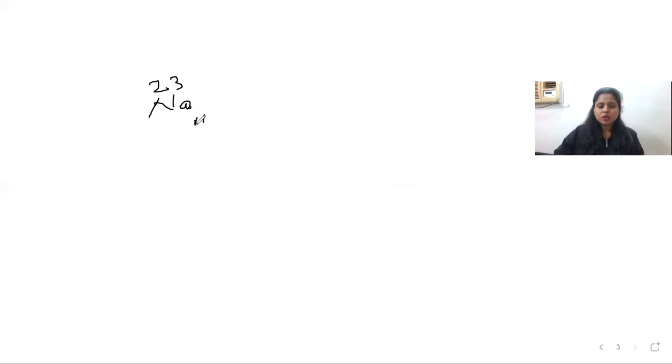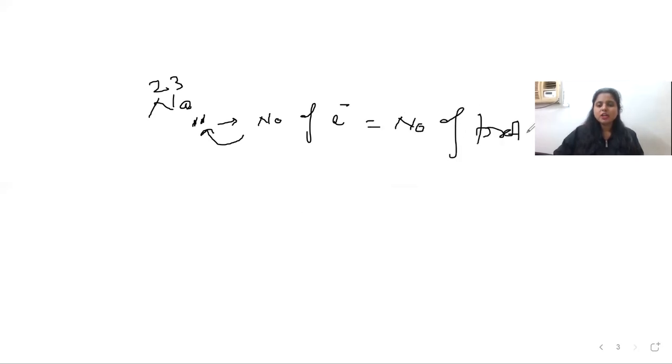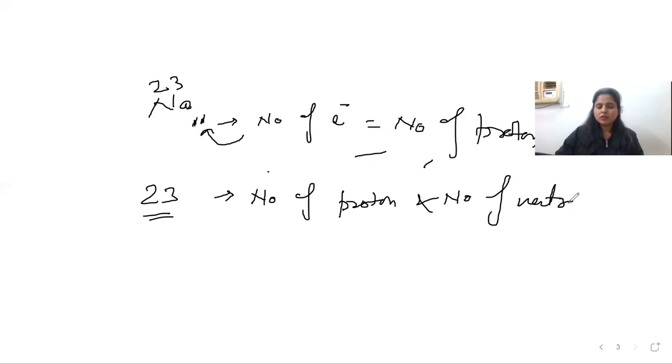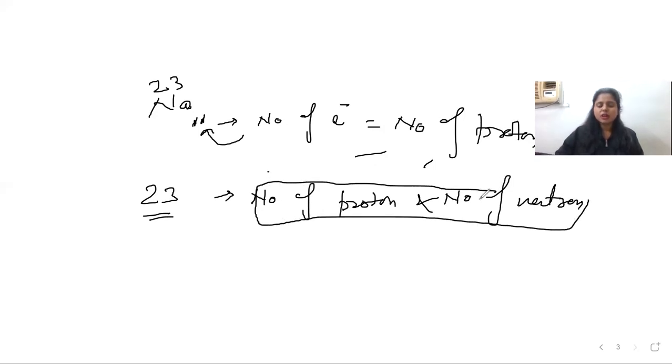So the number of electrons is always equal to the atomic number, and the number of protons is always equal to the number of electrons, and the number of neutrons may or may not be equal to the number of electrons and protons. And how does 23 come? The number of protons and number of neutrons are summing up, and they decide the mass of the atom.